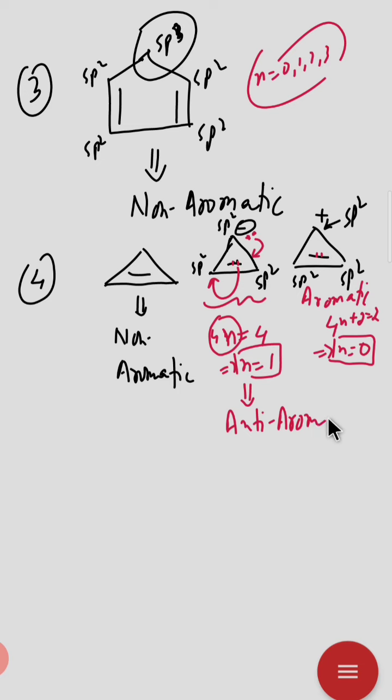So this is non-aromatic, this is aromatic, and the middle one is anti-aromatic.